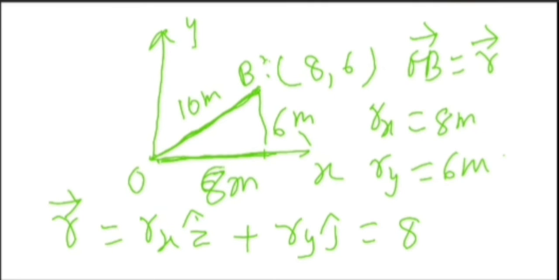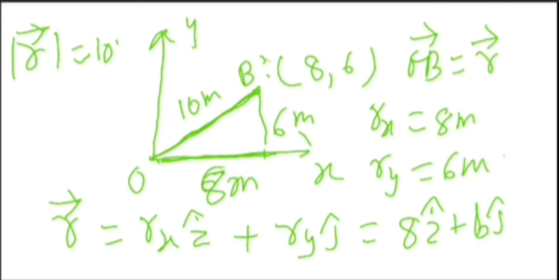Further, we can write Rx is equal to 8, so 8 i cap plus 6 j cap. We can also find out the magnitude. Magnitude of position vector is 10 meter.